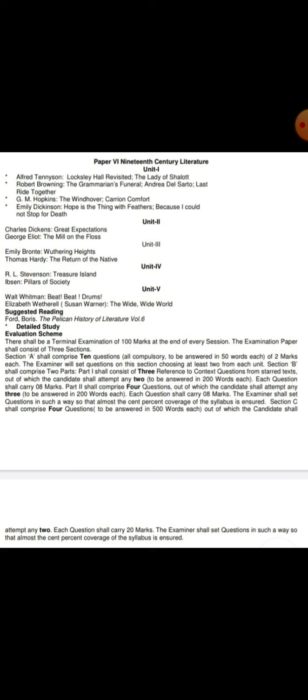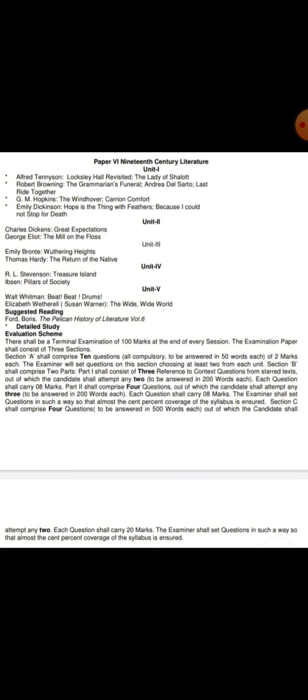Now we come to section C, that means the last section, where the long answer type questions will be covered. It will have 4 questions, and they are to be answered in 500 words each, out of which you will be supposed to attempt any 2, and the weightage for each question will be 20 marks.